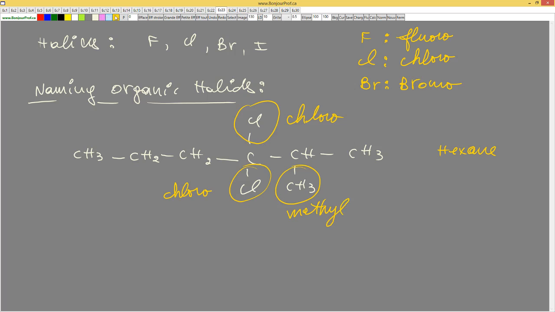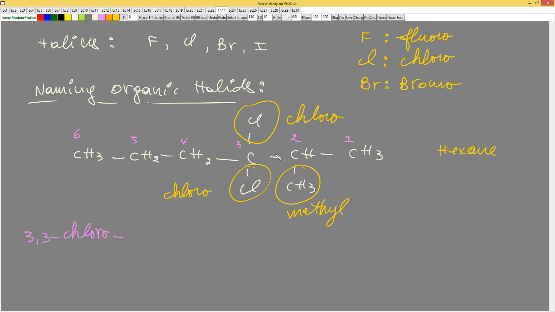So I have to label my carbons. I'm going to label them on this side, 1, 2, 3, 4, 5, 6, to have the lowest numbers. And again, what I'm going to do, I have to start with what? By chloro, because C comes before M. How many chloro do I have? I have 2. I have one in the position 3 and the other one in position 3. So it will be 3,3-dichloro, because I have 2 chloro.